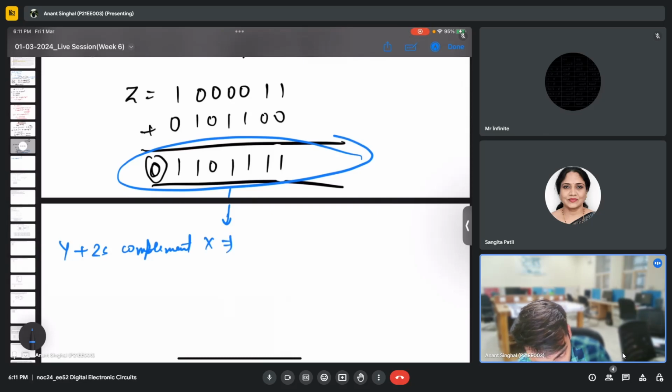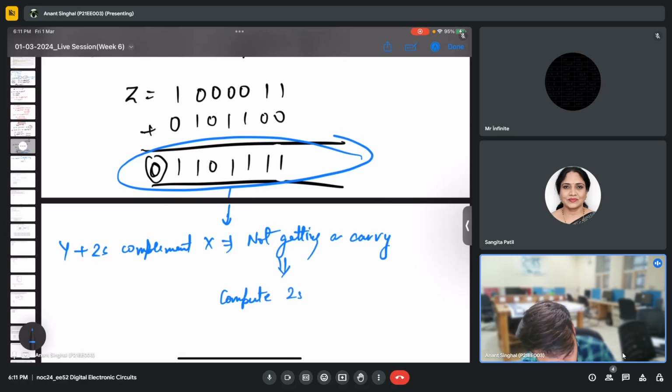We have received it, but we are not getting a carry. So in this case, you need to compute the 2's complement of the answer again to get the final answer. See, this is a very important concept, so please be aware here. So this is not the final answer.